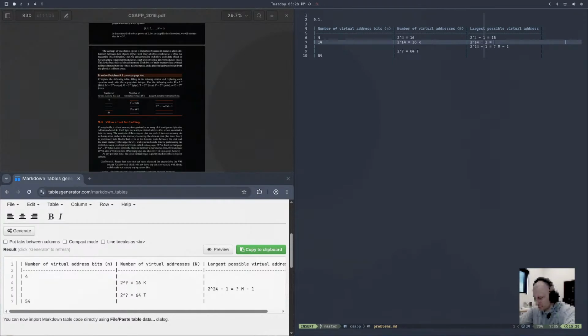M minus 1. Well, that's megs. That's an SI prefix. It'd be 16k minus 1, right?